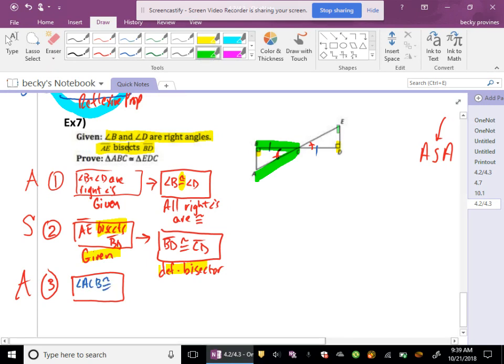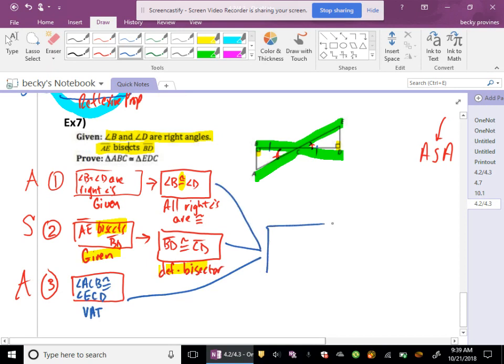So now let's do its vertical angle. The vertex has to be the middle. So I have ECD, or I could flip it and say DCE. So ECD. How do I know they're equal or congruent? Because of the vertical angle theorem.